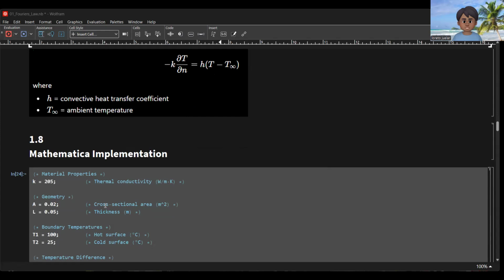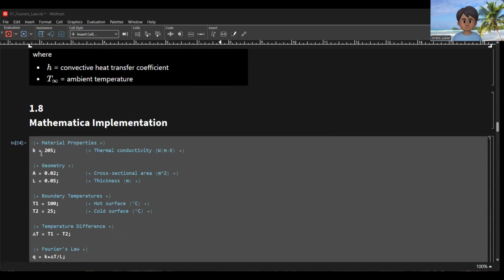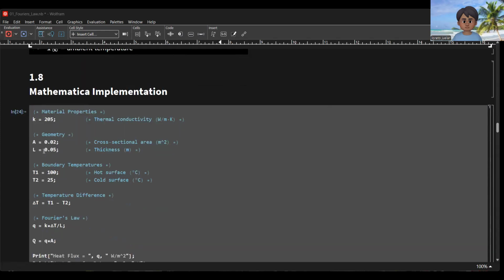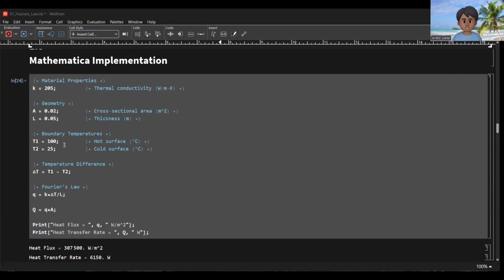Then we have a thermal example. Here k is the thermal conductivity, 205. The cross-sectional area of the material is 0.02 meters squared. And L is 0.05, the thickness in meters. Then we have the boundary temperatures: one hot surface and the other surface cold.